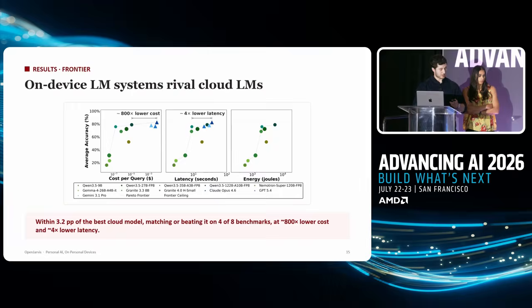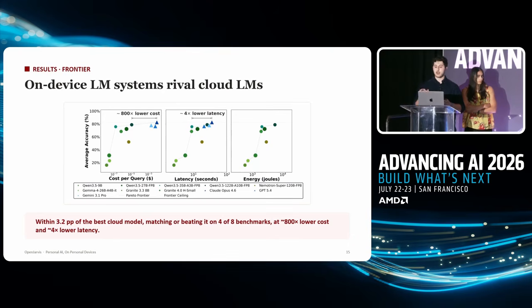There is a bunch of different ways that you can optimize this framework. But what we find is that even with these on-device LM systems, you can rival Cloud LM strategies across the board. This allows you to substantially reduce the dollar cost that you're spending on a day-to-day basis for these different workflows, sometimes even up to 800x reduction in cost.